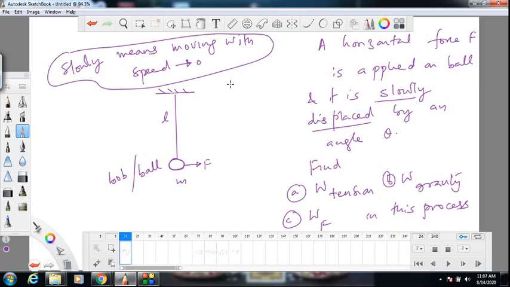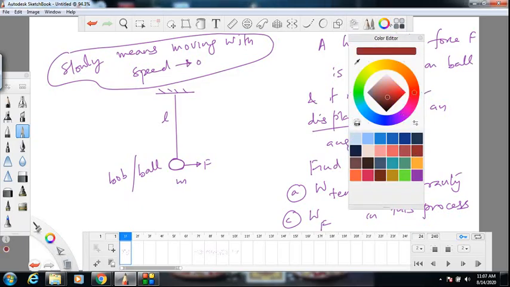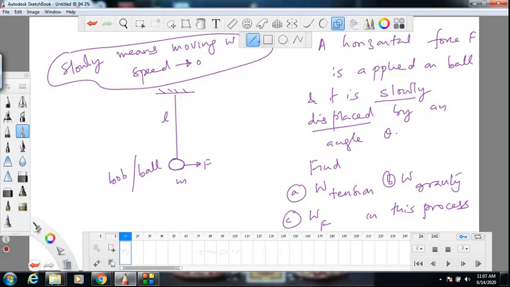And it is displaced by an angle theta. Means it is coming to a new position, which I am showing with a different color. It has come to that position where it got displaced by an angle theta.